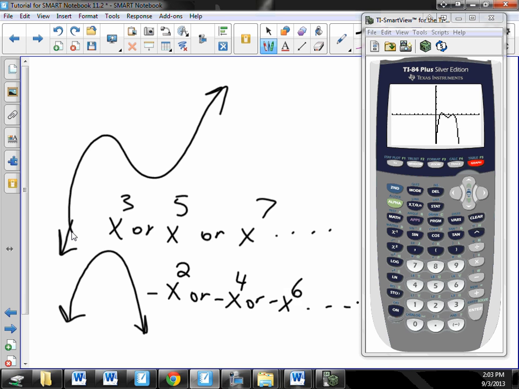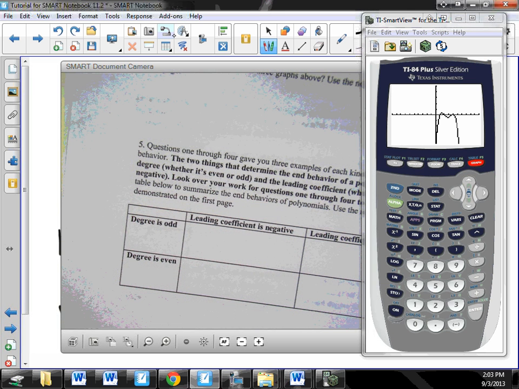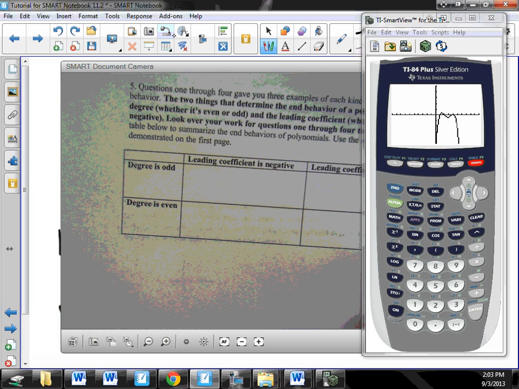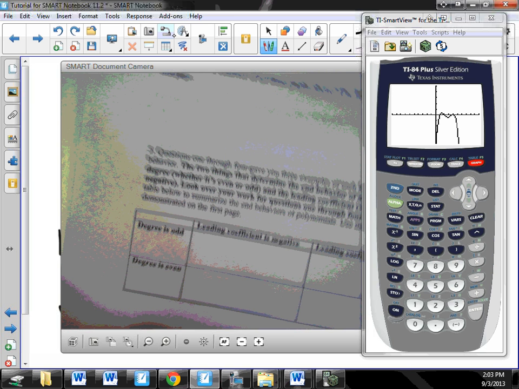So looking at the rest of this worksheet, you have a lot of graphs you need to do. And then down at the bottom, question 5 on the second to last page.